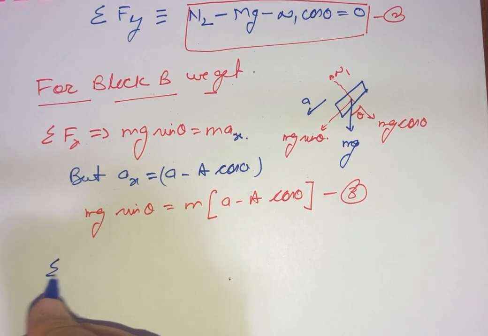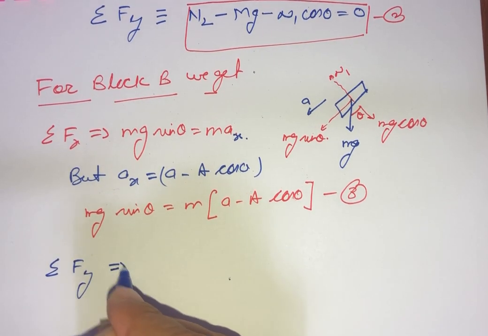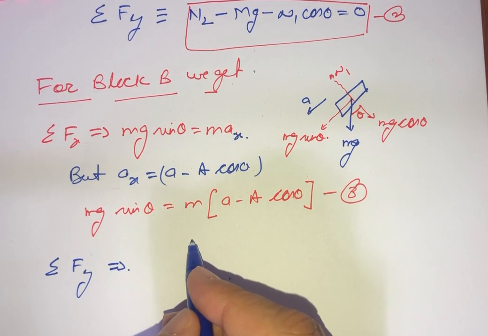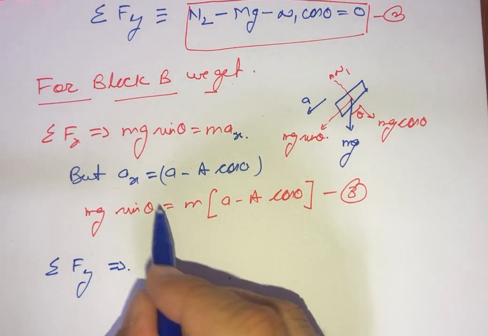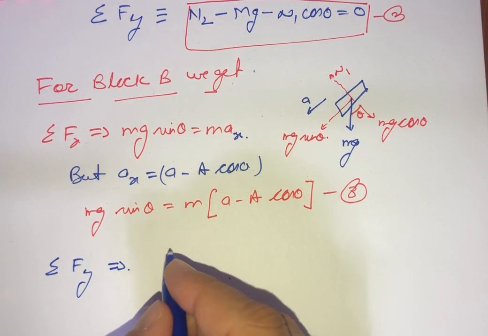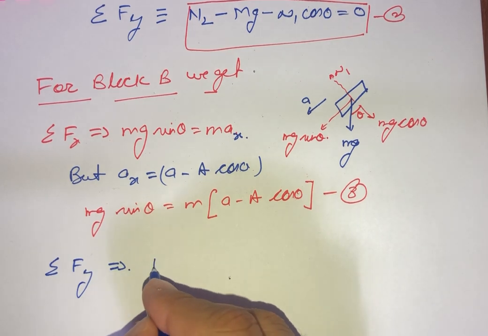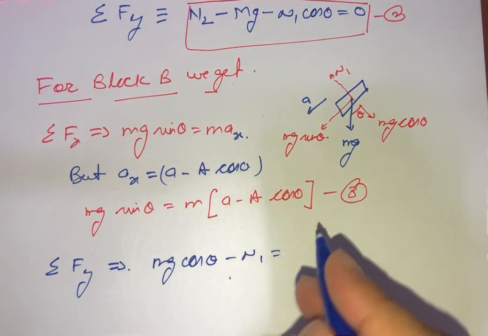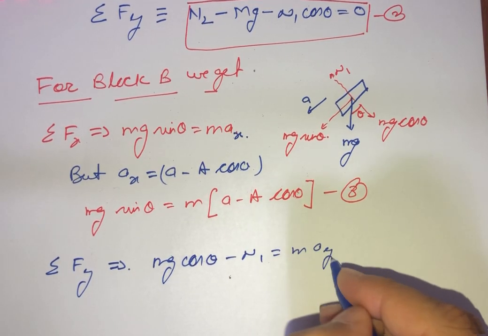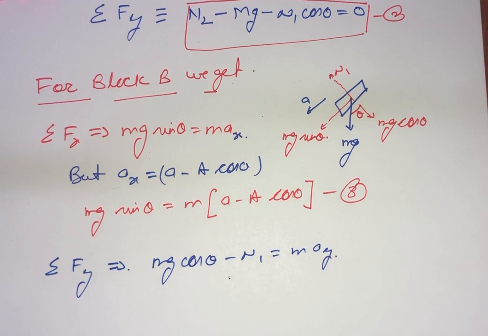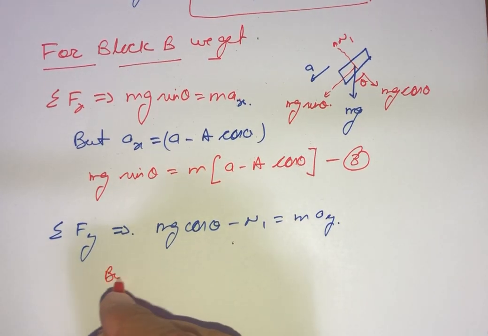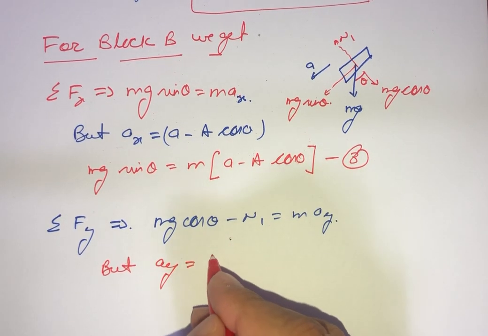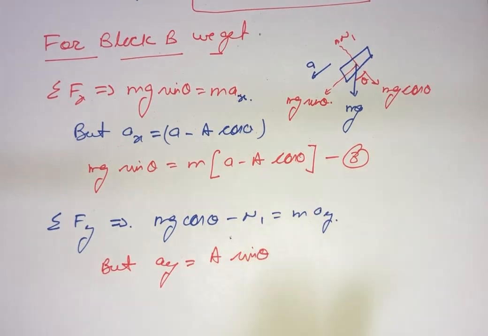And we have in y direction now summation. In y direction we are going to have mg cos theta minus N1 is equal to m a_y, but we know that a_y, we already found out, is given as A sine of theta.